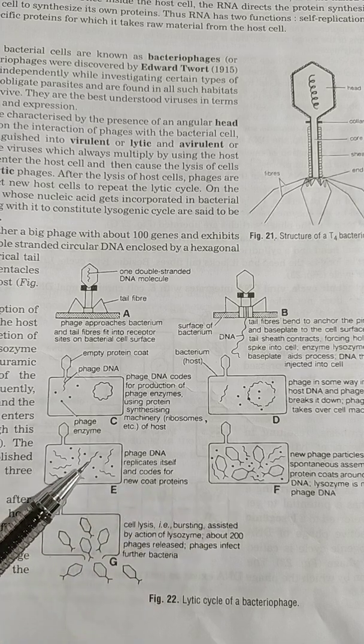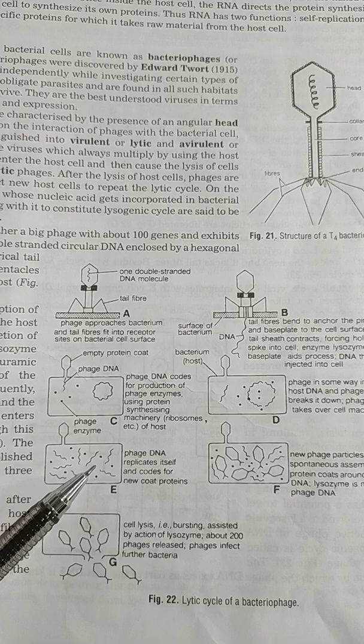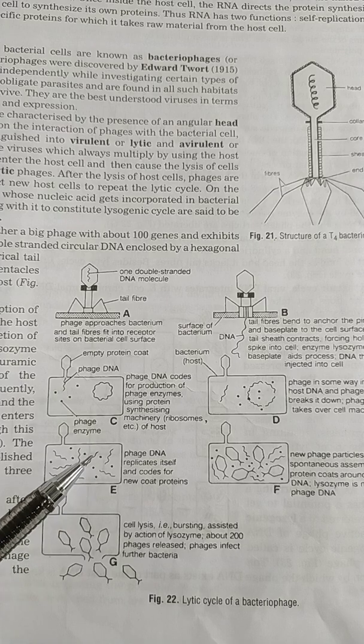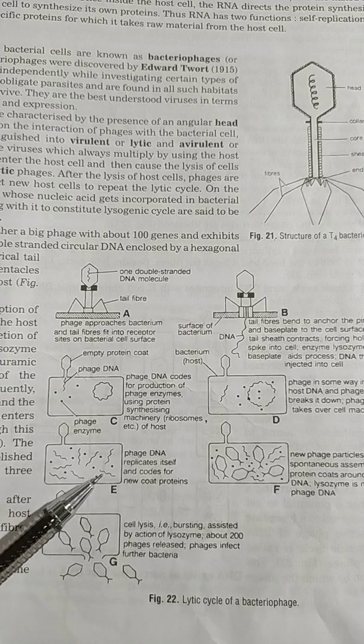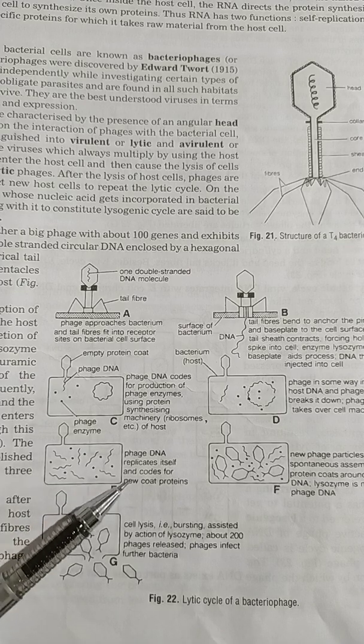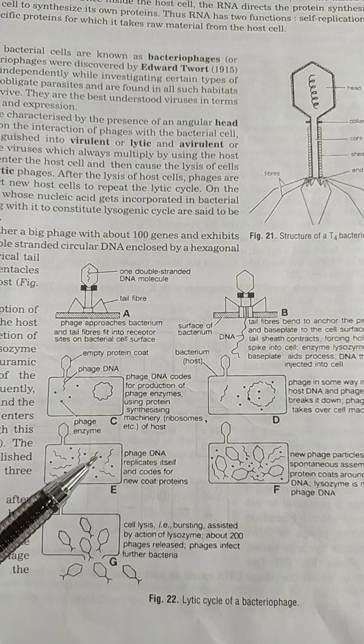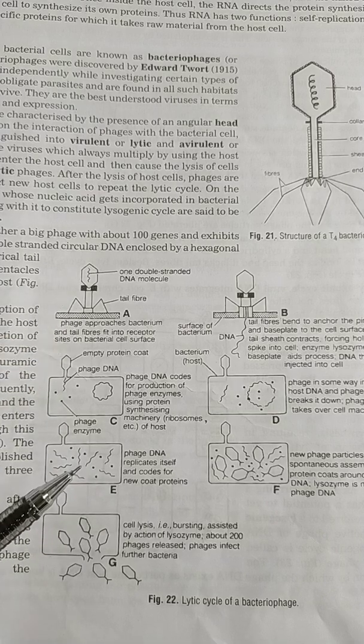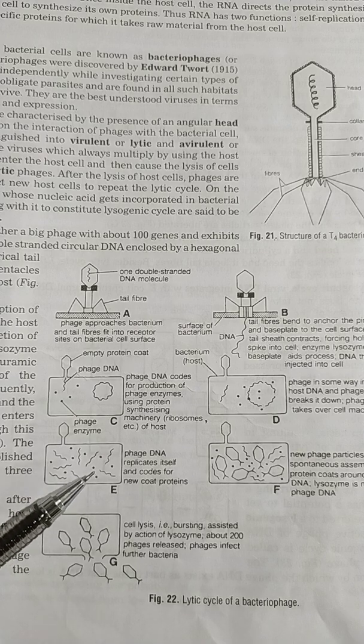This follows the semi-conservative mechanism in which the phage DNA serves as a template. So one of the strands of the phage DNA is a template for the synthesis of viral specific messenger RNA.